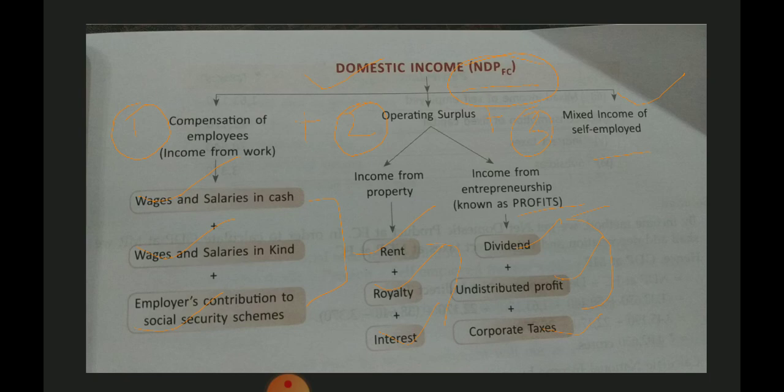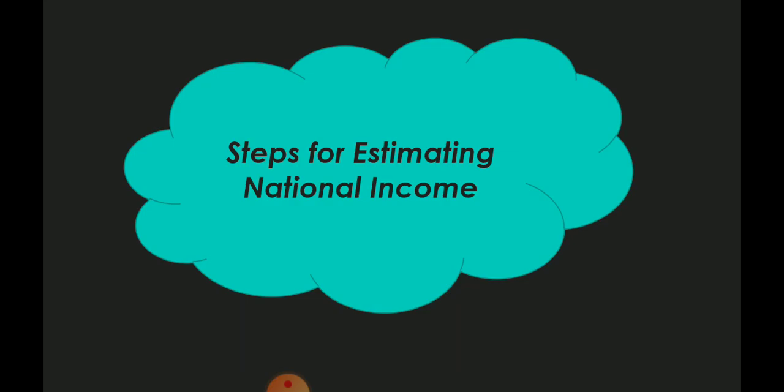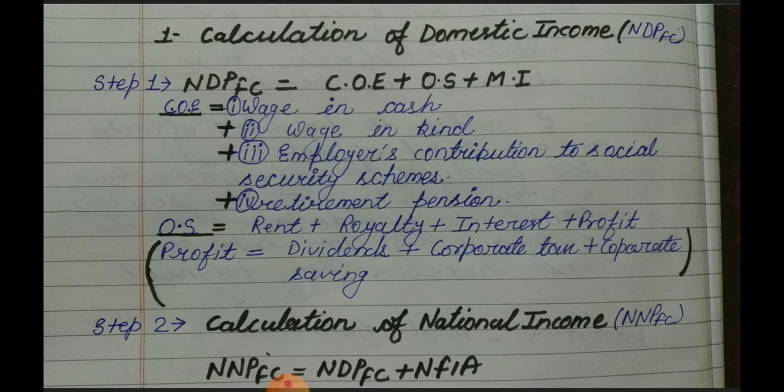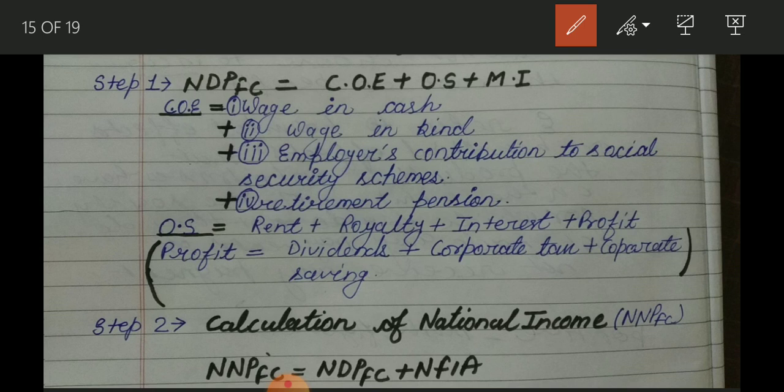Now how are we going to get national income? Let us understand it. When we add COE, OS and MI, then we find NDP-FC. For COE, how do we get it? By adding wages in cash, wages in kind, employers contribution to social security scheme and retirement pension.